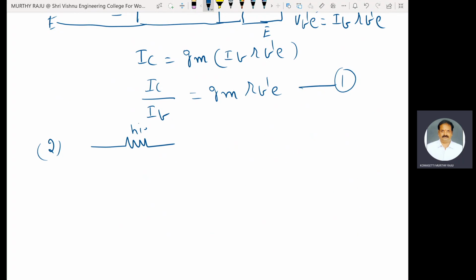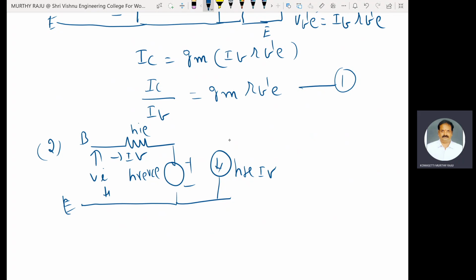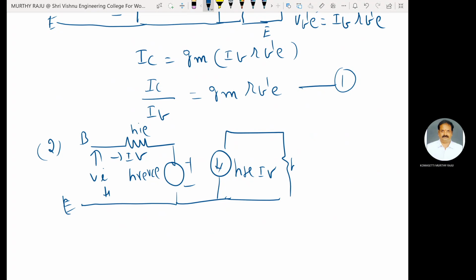This one is HIE, HRE into VCE, base, emitter, this one is VI, base current IB, HFE IB, HOE, I2, collector, emitter.